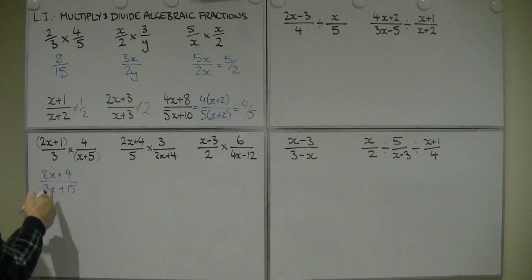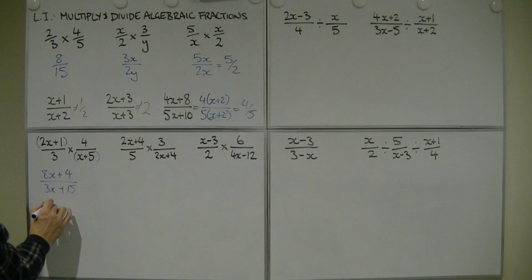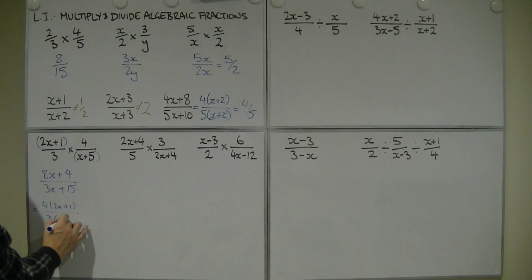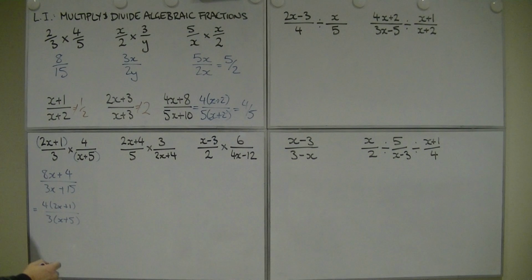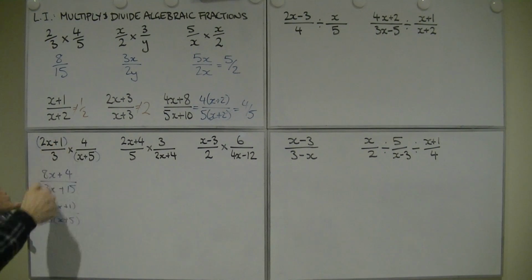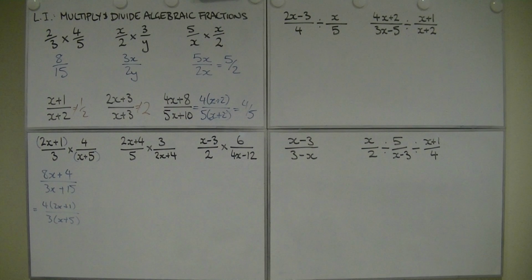No. Well, we could factorise to find 4, 2x plus 1, 3, x plus 5. Nothing's in common. That's interesting. We ended up almost exactly where we started, with 4 on 1, 2x plus 1 there, x plus 5 and 3 over there. That might be interesting. But for now, nothing can be done with it.